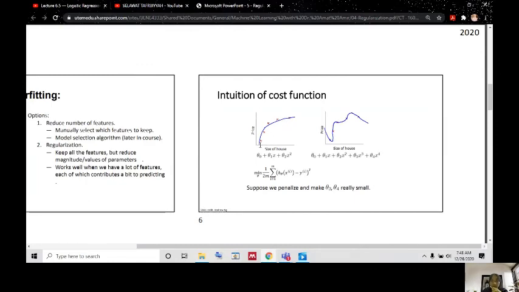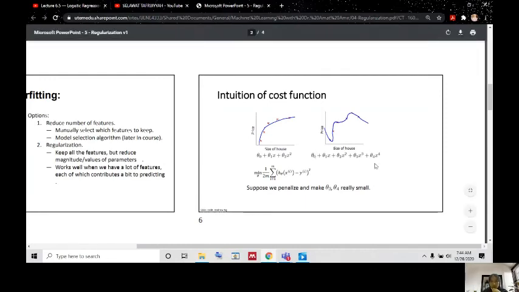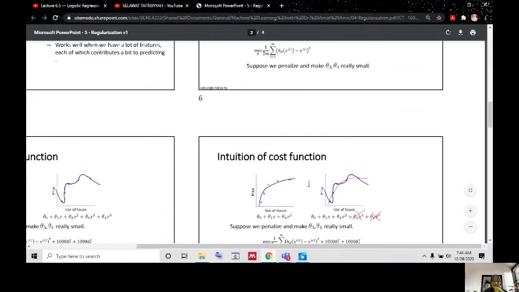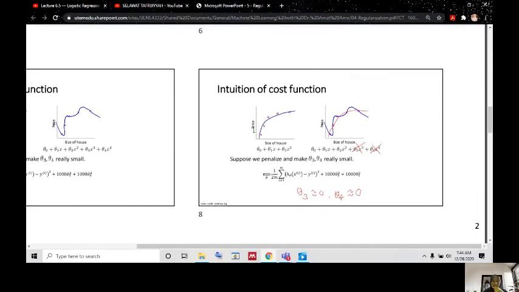Then we put this into this equation, and we are supposed to penalize and make theta 3 and theta 4 really small, like this. We can see that theta 3 and theta 4 we assume to be 0.